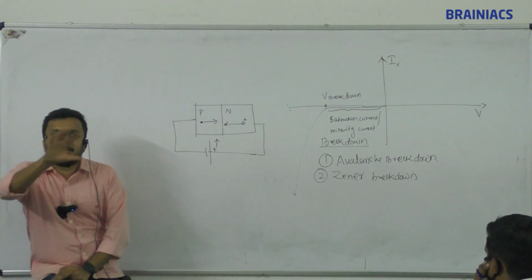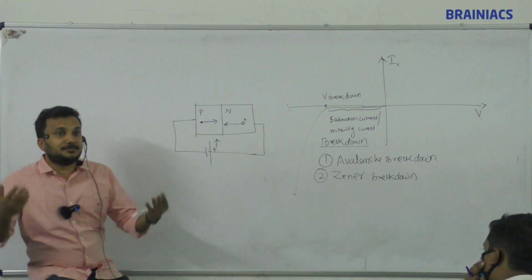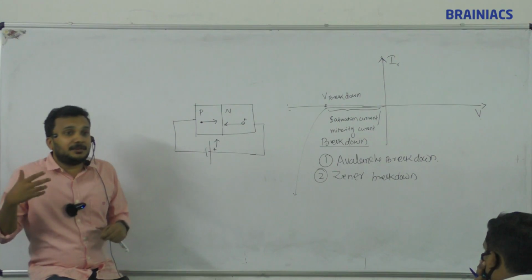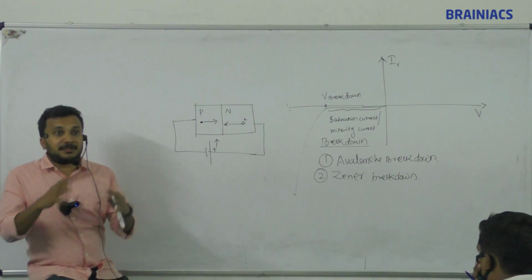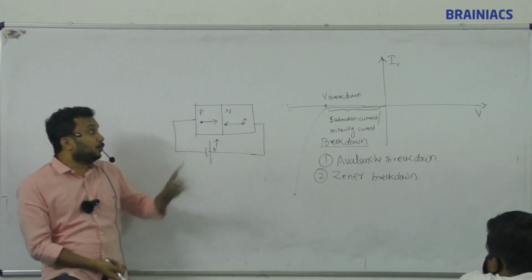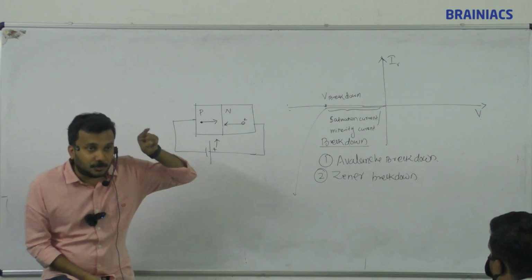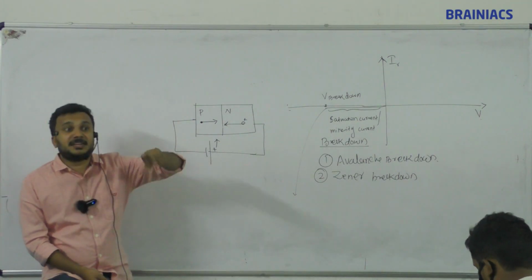A silicon atom has 4 bonded electrons. Other than doping, there are some stable electrons. Because of the movement of the minority carriers, they go and hit stable electrons.